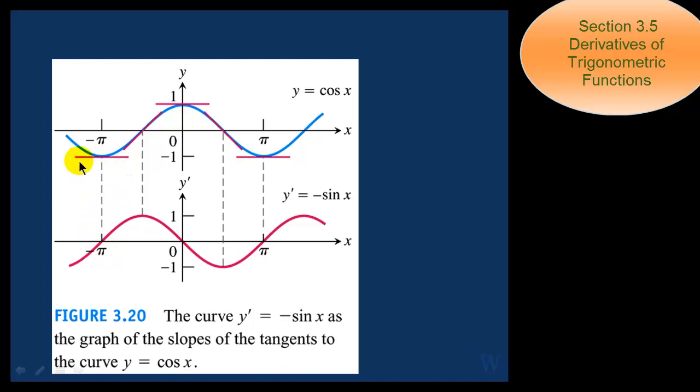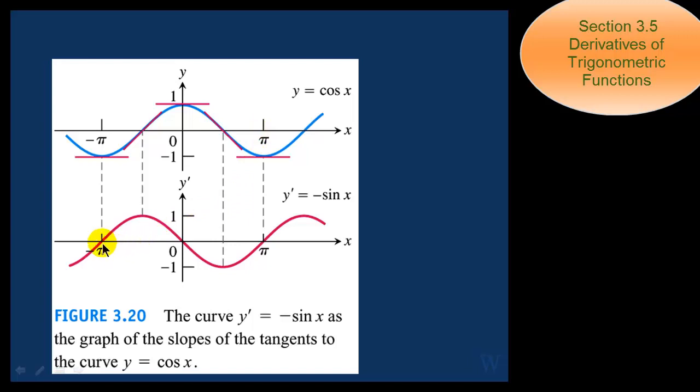So how many points here where it will cross the x-axis? It will depend on the original function where we would find horizontal tangents. So we have 1, 2, and 3. Correspondingly, it is at minus pi, 0, and pi.